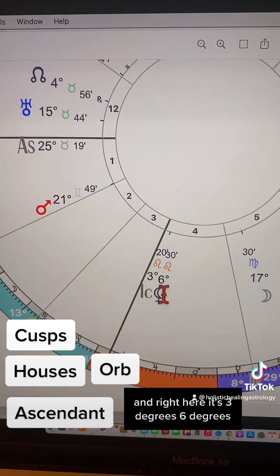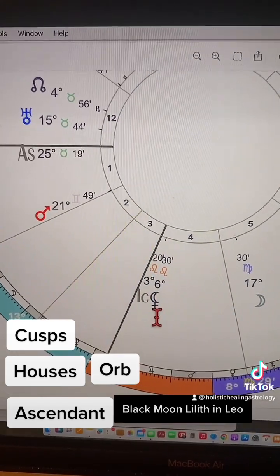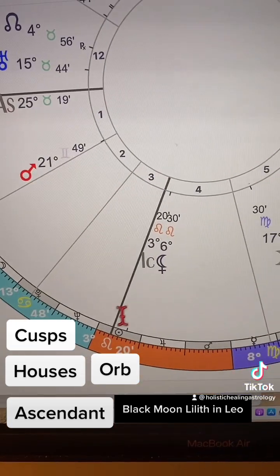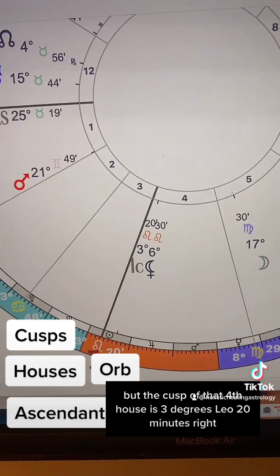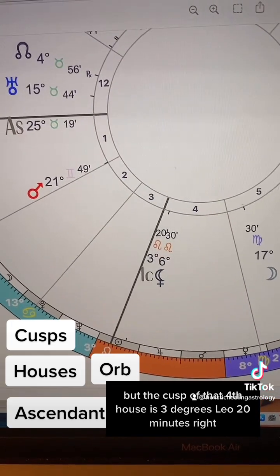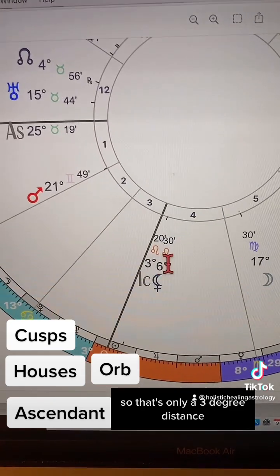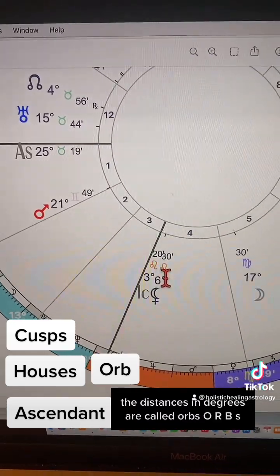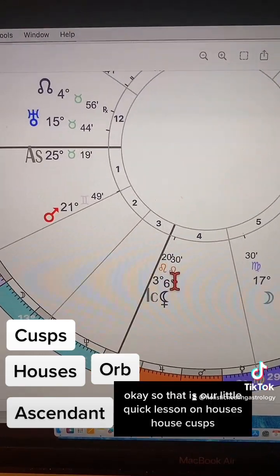And right here, it's 6 degrees Black Moon Lilith in Leo, but the cusp of that 4th house is 3 degrees Leo, 20 minutes, right? So that's only a 3-degree distance. The distances in degrees are called orbs, ORBS, okay?